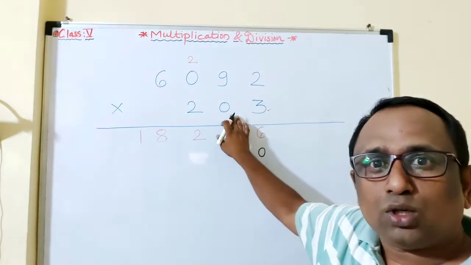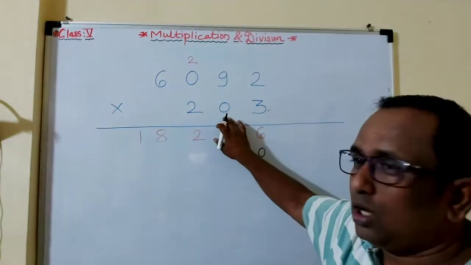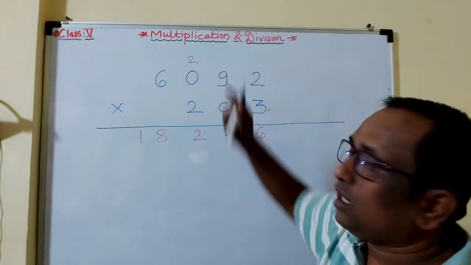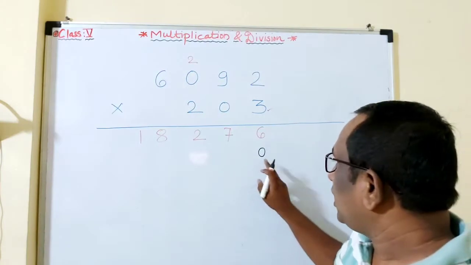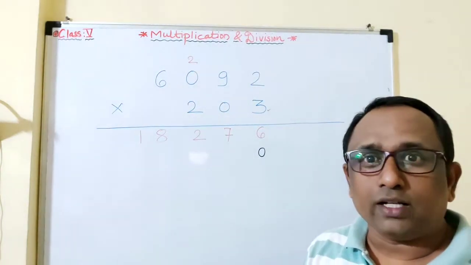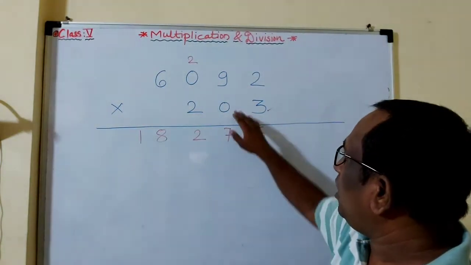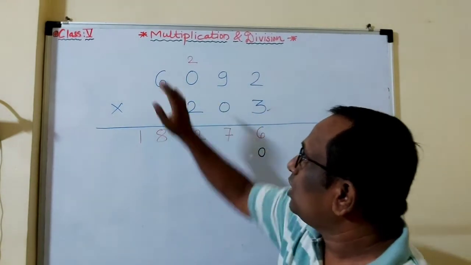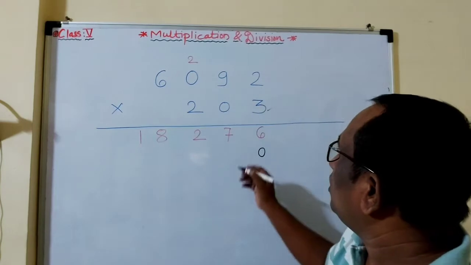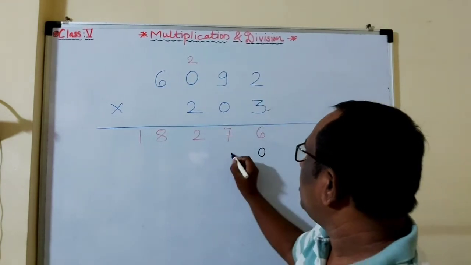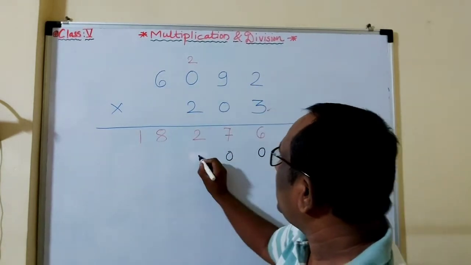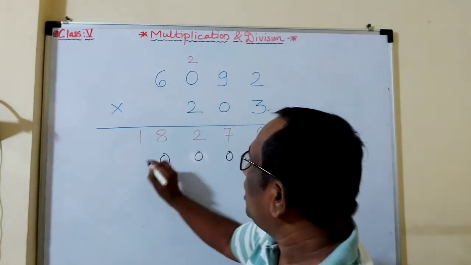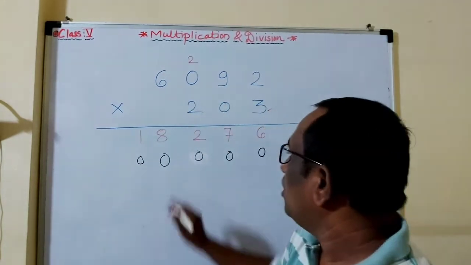If here 1 also, then also you have to give 0. If here 9 also, then you have to give 0, because this 0 at the 10th place. Okay, so here you have to give 0, don't forget this. Now we will multiply 0 to 2, 0 to 9, 0 to 0, 0 to 6. 0 multiplied by 2, 0, 0 multiplied by 9, 0, 0 zeros are 0, 0 6 are 0.